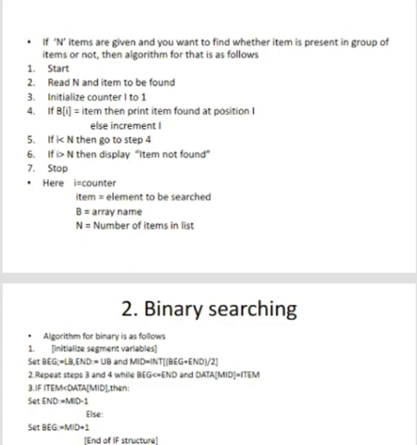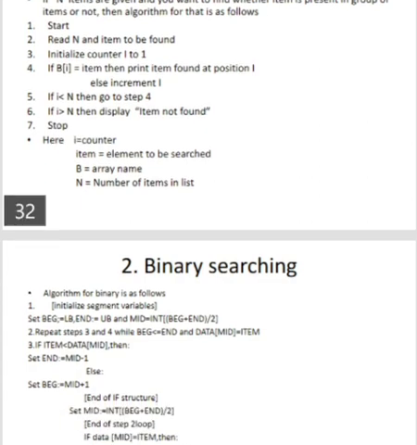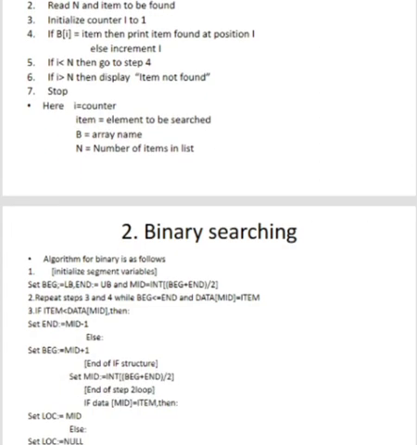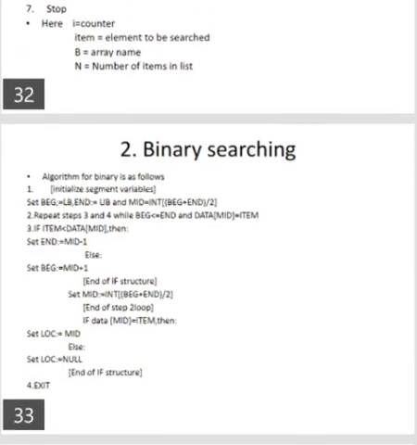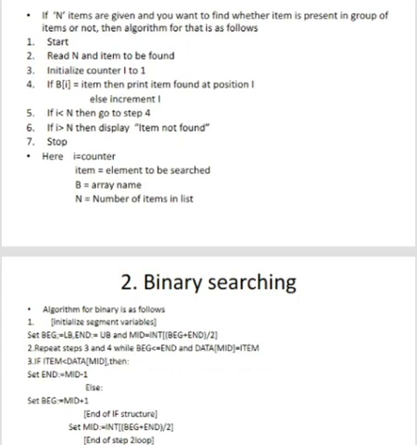If item is less than data of middle, then set end equal to middle minus 1, else beginning equal to middle plus 1. If data of middle equals item, set location equal to middle, else set location equal to null. End of if structure, exit. So these were the two algorithms for linear searching and binary searching.